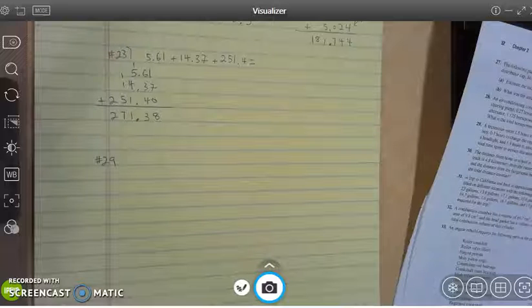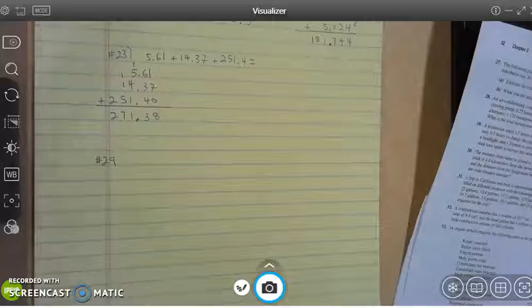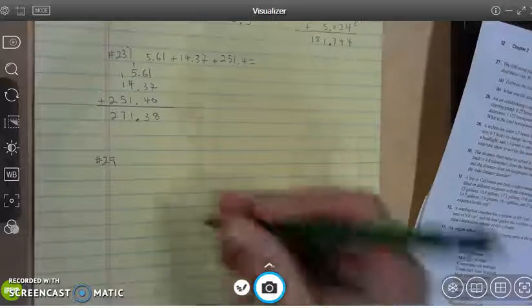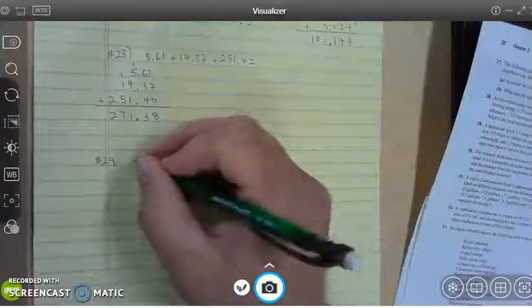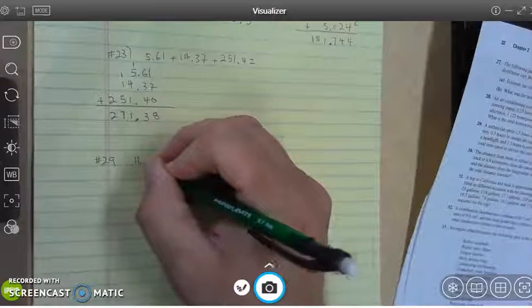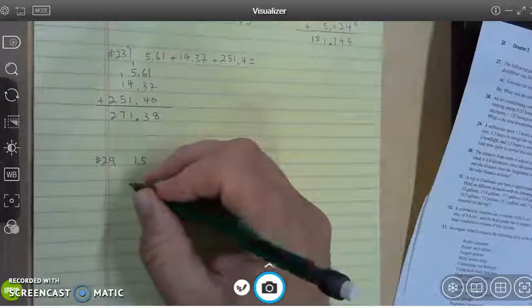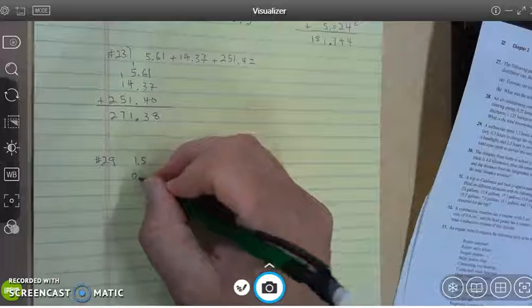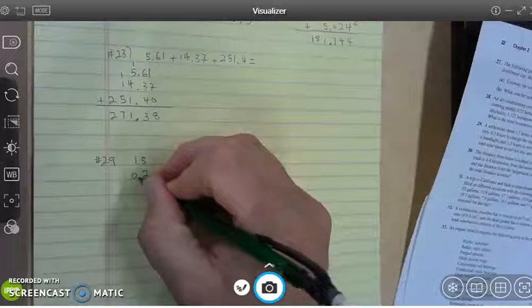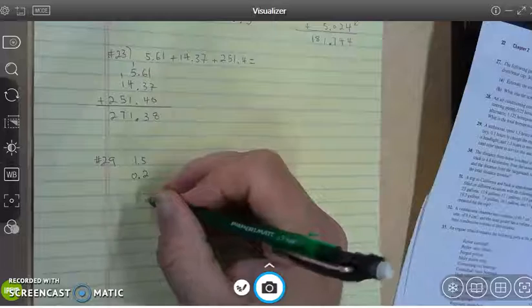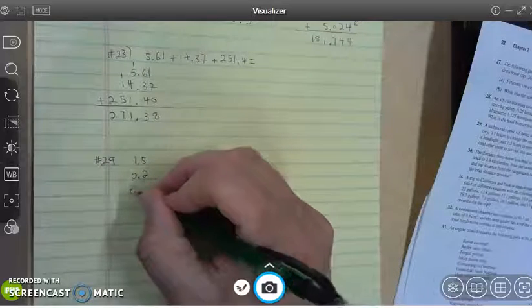So when we see that last question, what is the total time? That means we're adding things up. So again, I would prefer to add things vertically. So in my work, I'm going to write 1.5 hours for the tune-up, 0.2 hours to clean the battery. That's 12 minutes. It's not too bad, I guess.